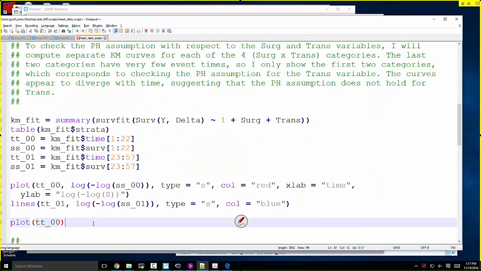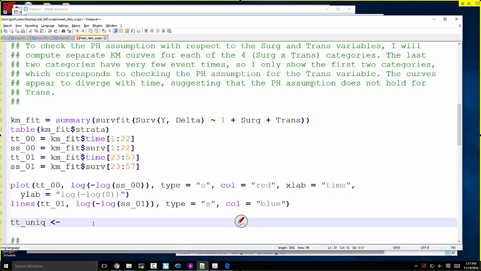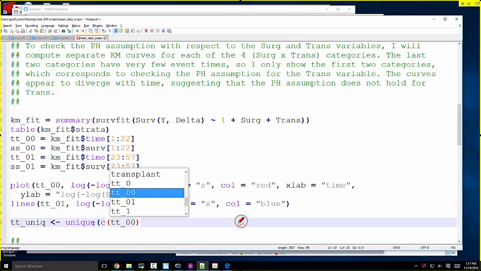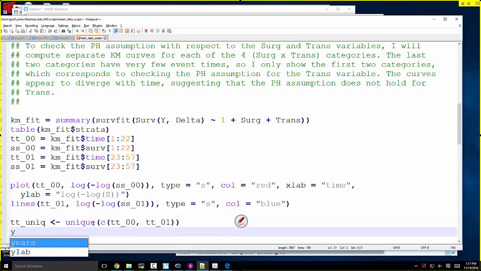Let's try TT. Let's hold on to all the unique event times. So I'll say unique, concatenate all the event times from the 0, 0 curve and all the event times from the 0, 1 curve. And then let's see if we can get predicted values.